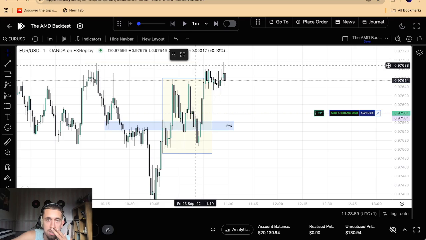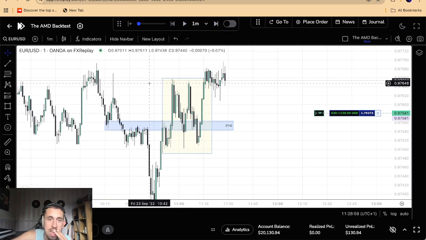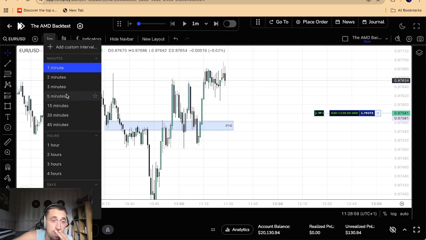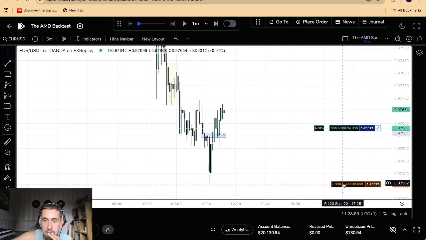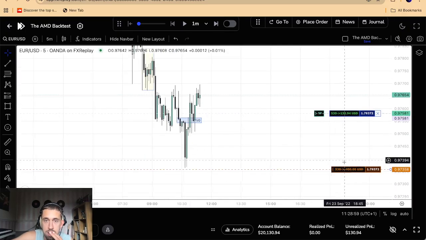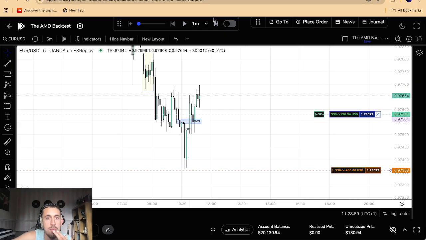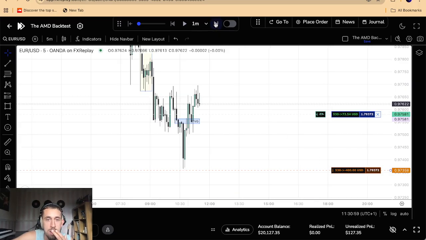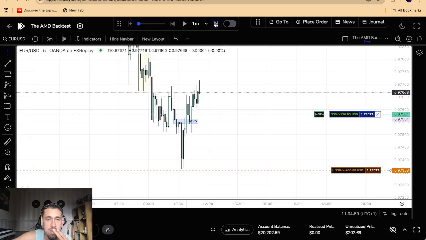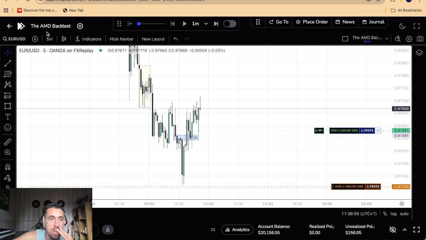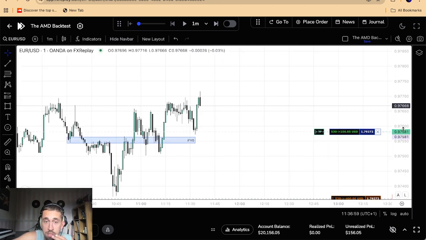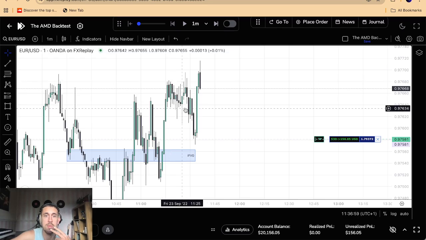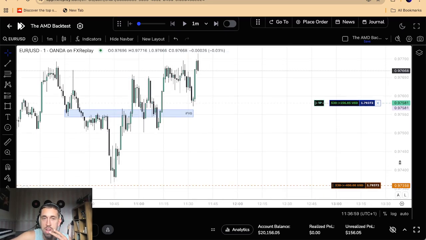Okay, we've hit the target of the accumulation, so technically I should go break even here. And I am going to do that. Am I? No, I'm not. For now, I'm not. Just because I think that we could go higher, and now I will, because we have accumulated here, manipulated, and then distributed.